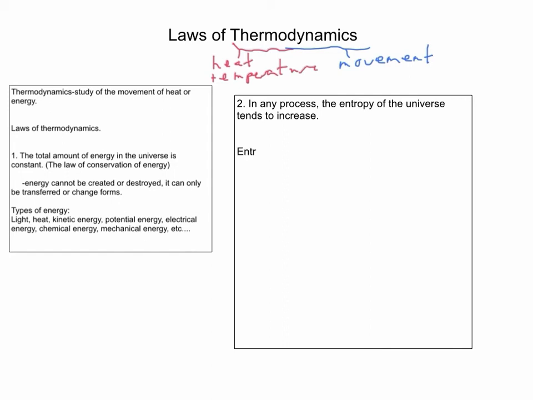Well, entropy is a measure of the disorder, and we can almost think of this as the messiness of the universe. We can also say that energy tends to spread out.